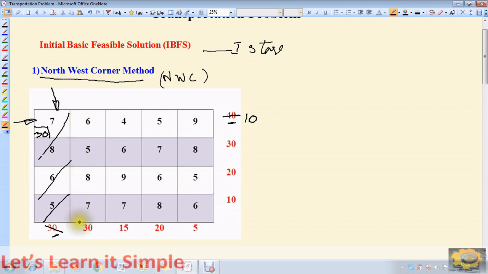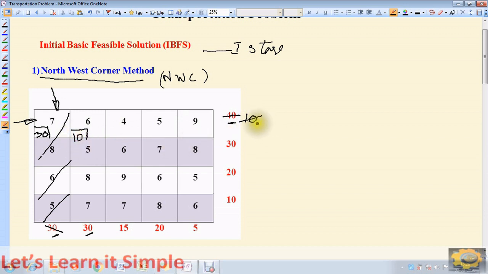In the remaining matrix, the northwest corner is cell 1, 2, first row, second column. As in the previous case, look for the corresponding column, you have a value of 30. Look in the corresponding row, you have 10. Whichever is lesser should be allocated, which means 10 can be allocated here.